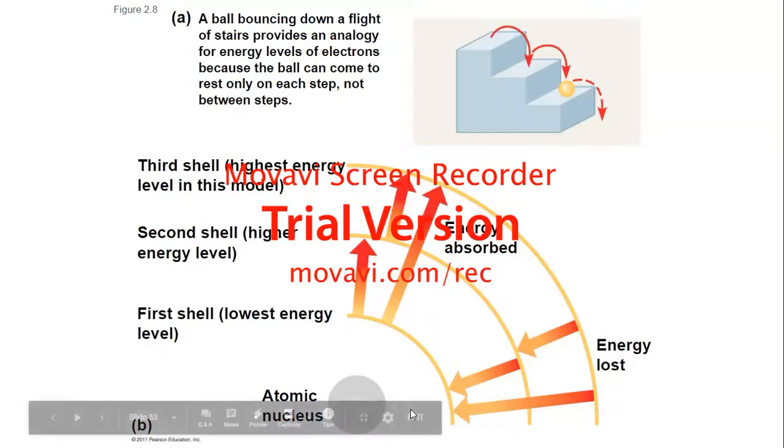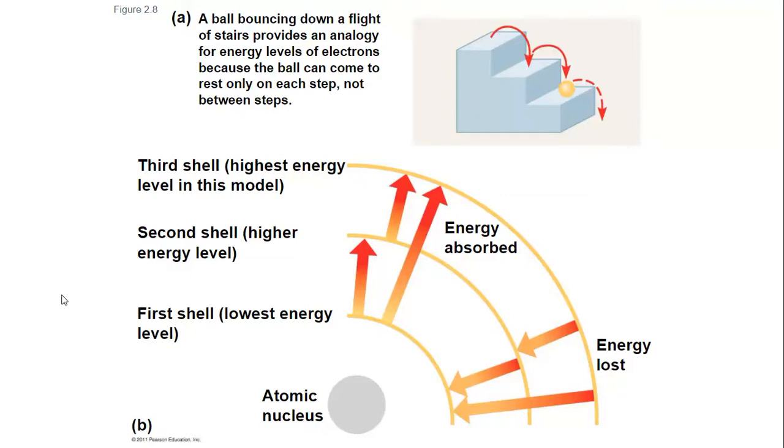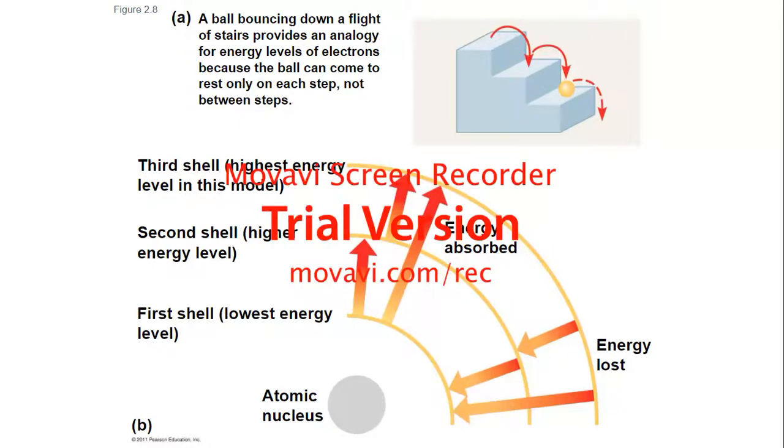So you see right here, here's the atom nucleus, and then you see the first circle around the nucleus. That's the first shell or first orbital, and it has the lowest energy level. That first shell can hold 2 electrons. The second shell, which is a higher energy level, can hold 8 electrons.